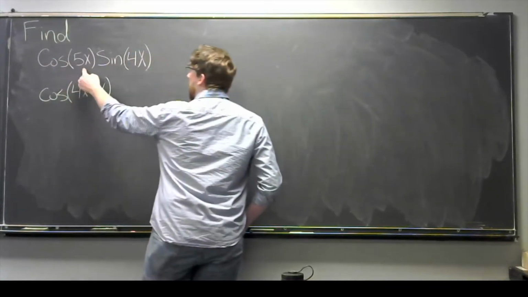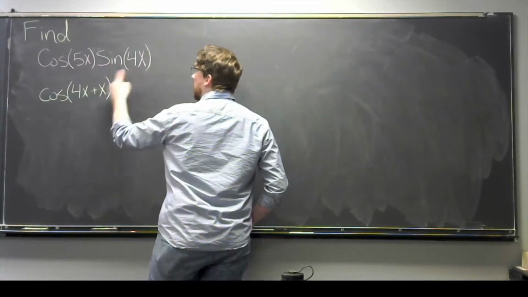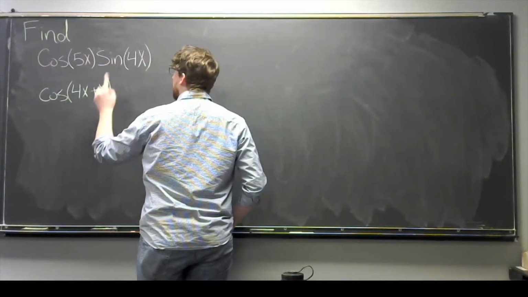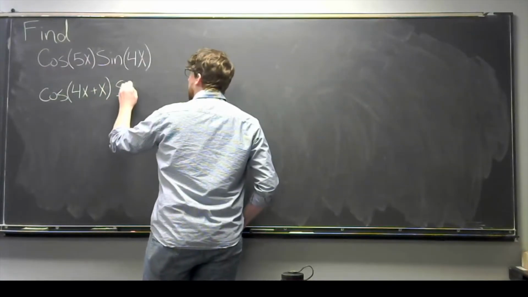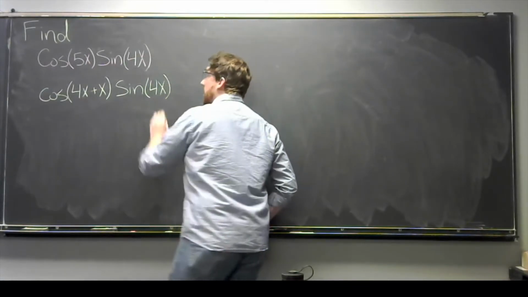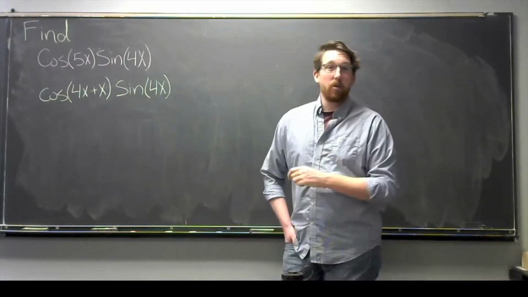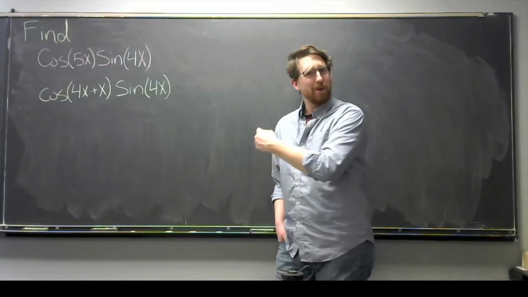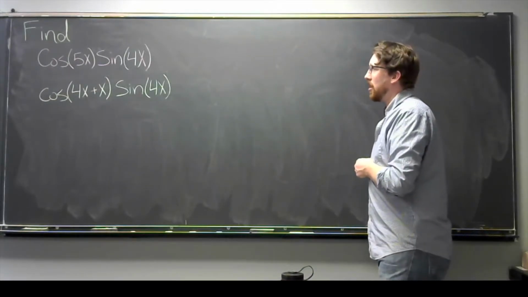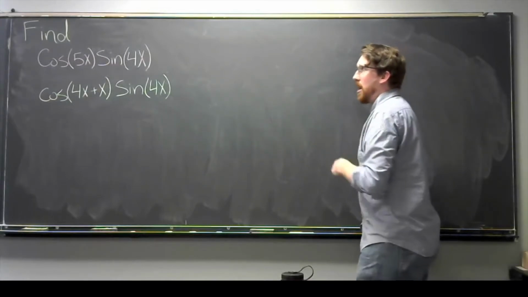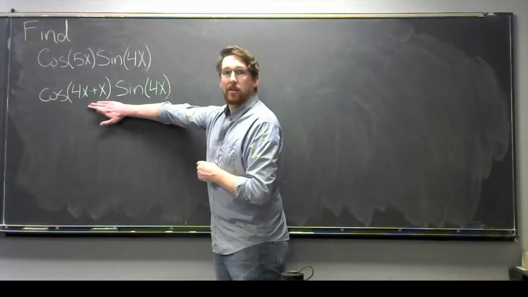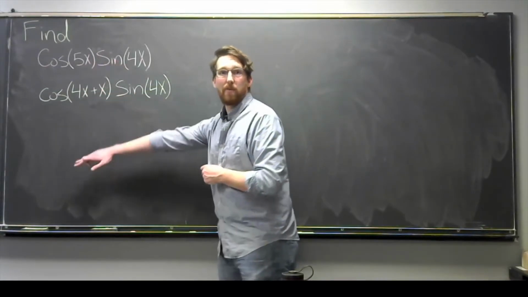So the cosine of 5x times sine of 4x then becomes the cosine of 4x plus x times the sine of 4x, and applying what presumably you learned because you're good students and you took on those suggested problems at the very beginning of the lecture. So we could go back, apply what we learned from those problems to this, and tackle it from there.